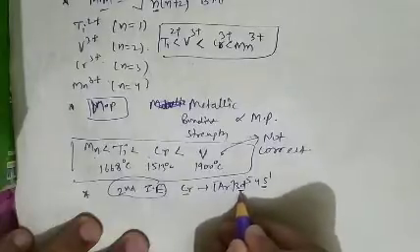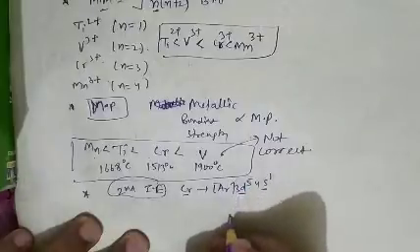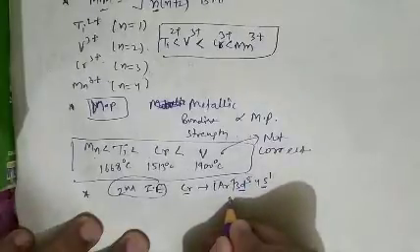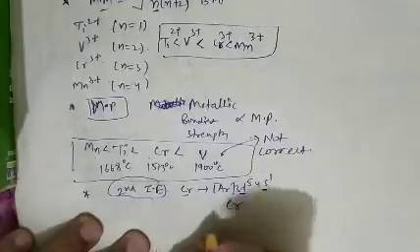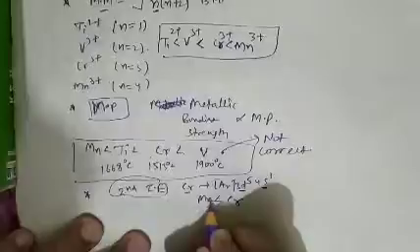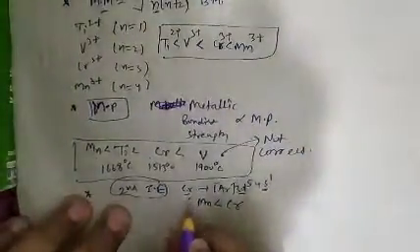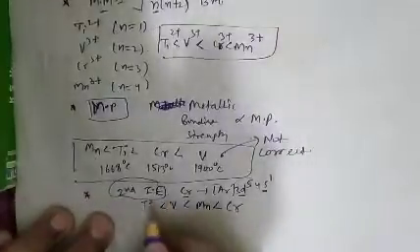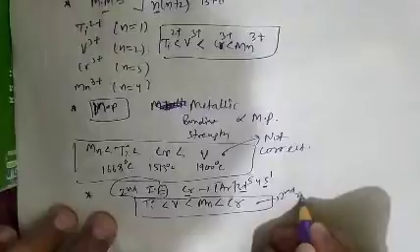After that it becomes half filled, and the stability of half filled is more. Therefore second ionization energy for chromium is maximum. So chromium is maximum, and then manganese, and then vanadium, and then titanium. So this is the correct order of second ionization energy.